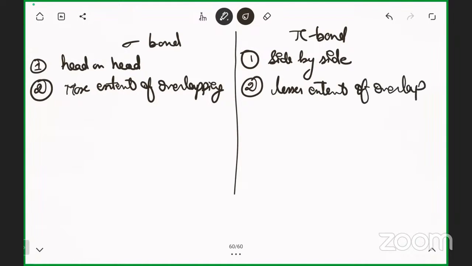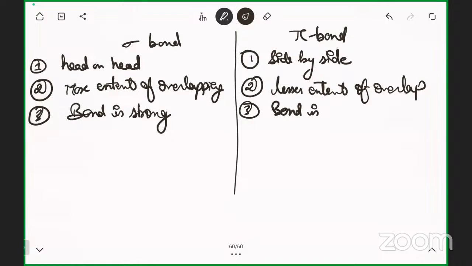What happens when the overlapping is more and when it is less? If overlapping is more, it means more attraction force, so the bond is strong. And here the bond is weak.